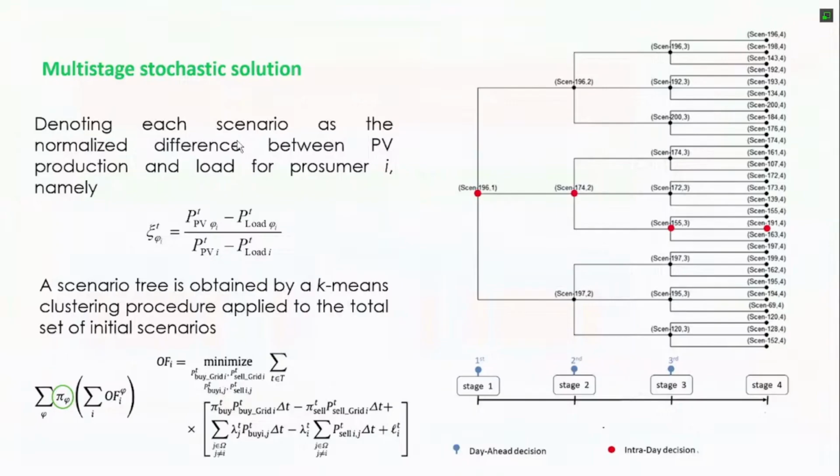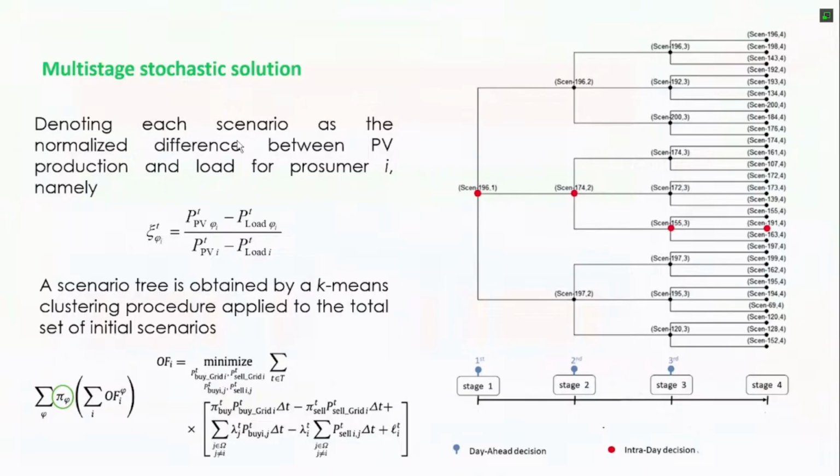So instead of considering, in each scenario, in each stage, all the scenarios, we say, okay, we calculate 3 scenarios that are representative of all the population. And these are the means.